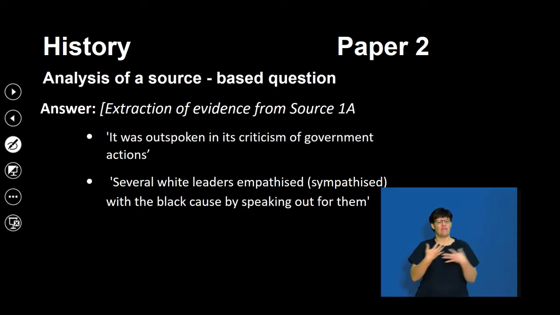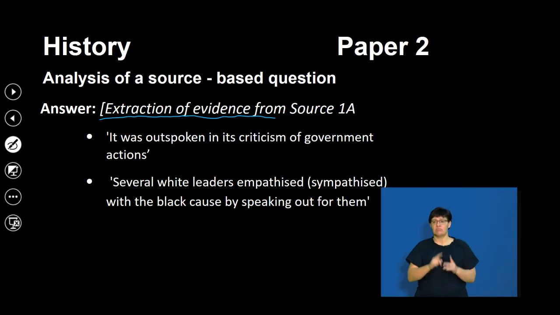Now, if you look at the answer, obviously you will not have access to this, but this is what the markers will be looking for. This is the extraction of evidence from the source, because the question asked you to quote directly from the source. It was spoken in its criticism of government action.